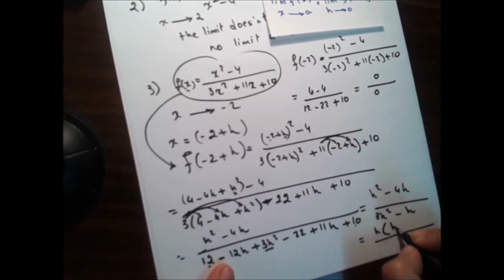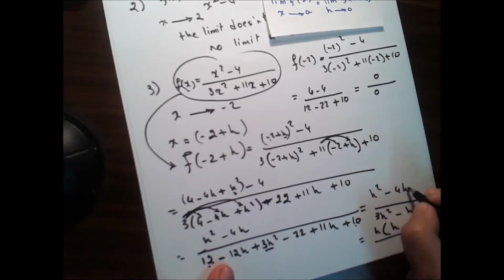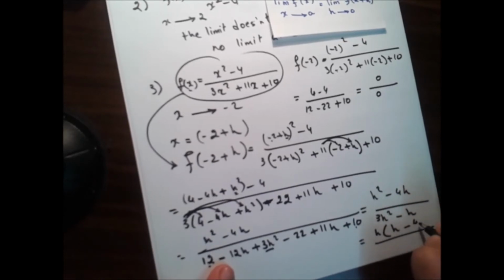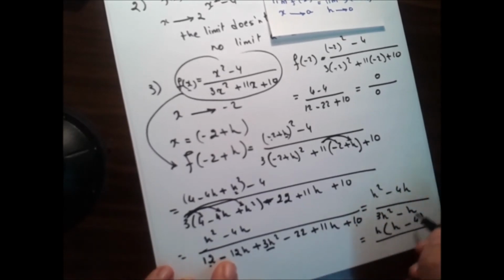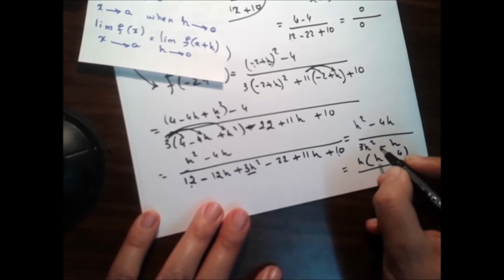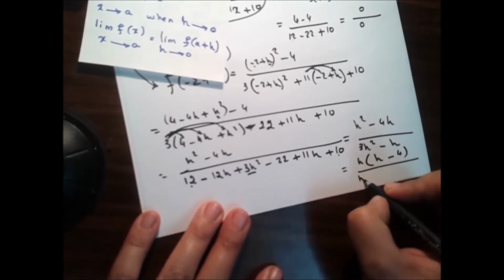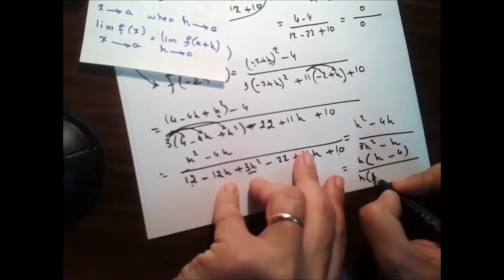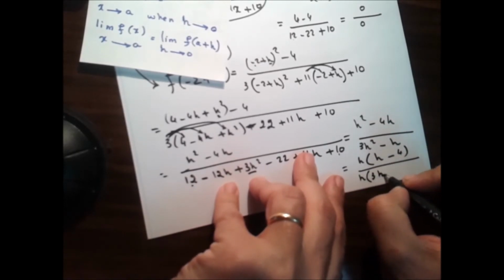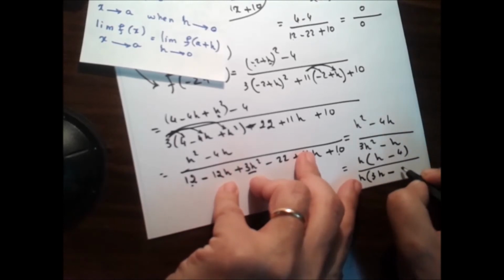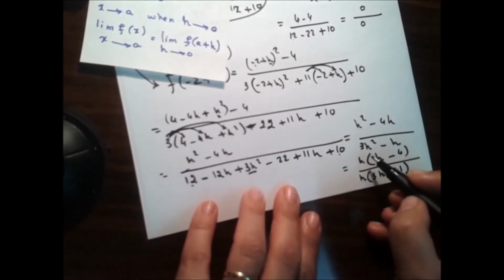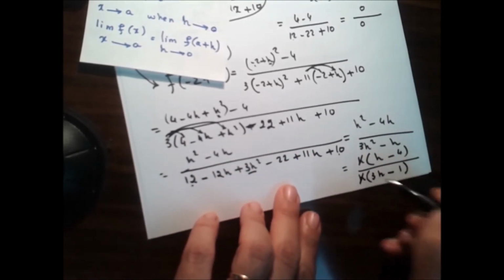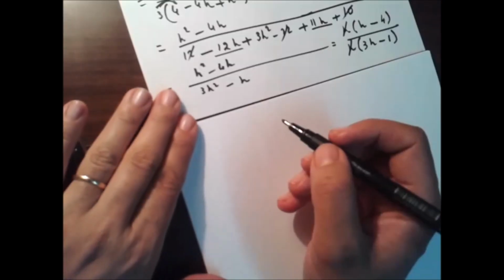You subtract 1 from the power, and minus 4h divided by h to be 4, so h minus 4, and down, take out h as a common factor and divide each term by h. 3h squared divided by h to be 3h, and minus h divided by h to be 1. Now cancel the h up and down.